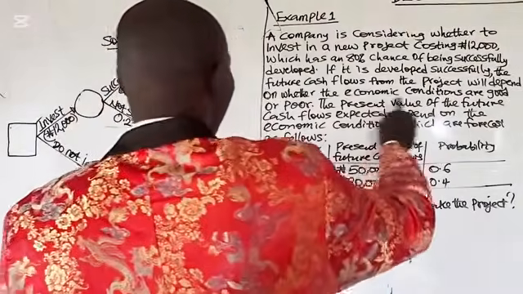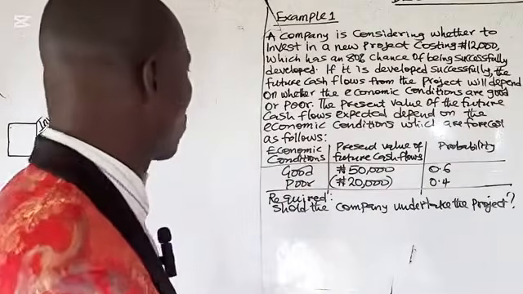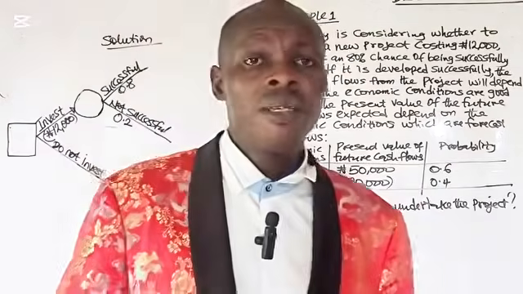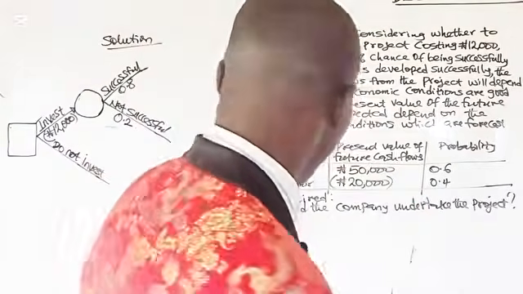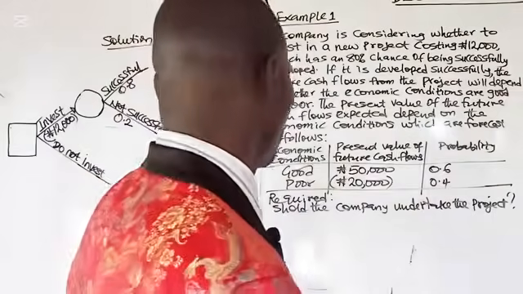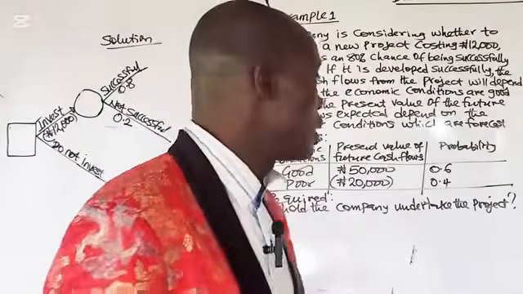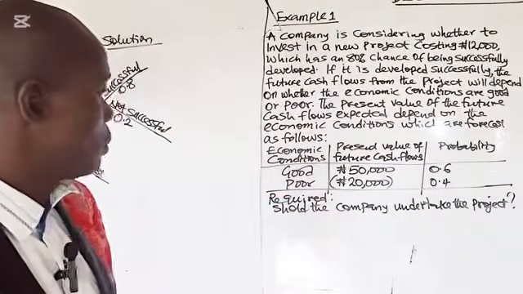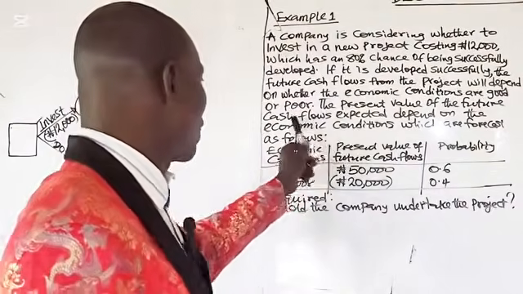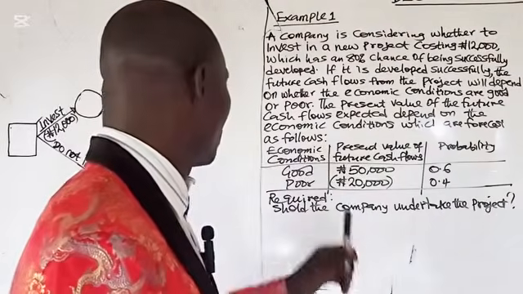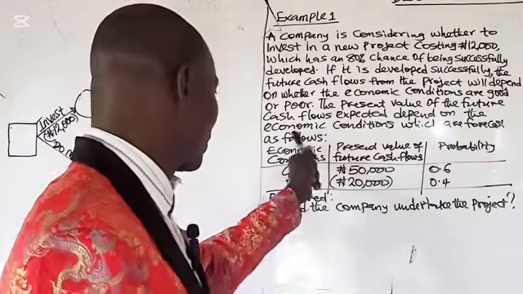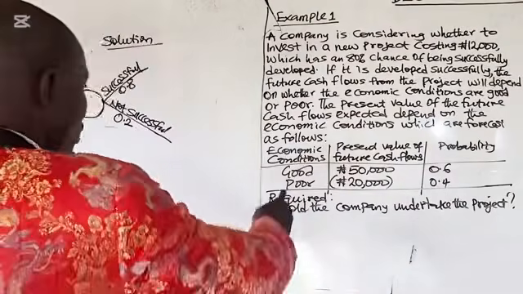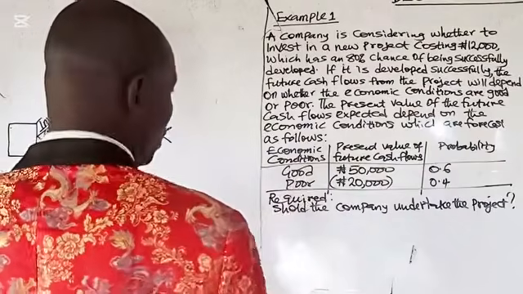That means you have two possible economic conditions: the good economic condition and the poor economic condition. The present value of the future cash flows expected depends on the economic conditions, which are forecast as follows. You have the good condition and poor condition.